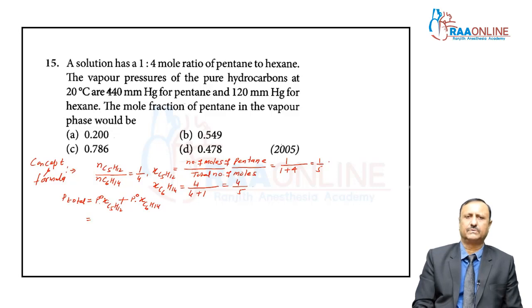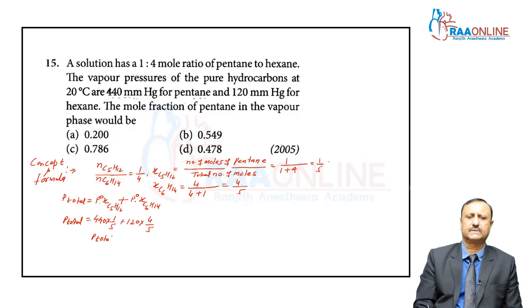Now we can put the values. What is the pure vapor pressure of pentane? You can see in your numerical, 440 millimeter mercury for pentane. So you can put the value 440, and the mole fraction of pentane 1/5. The pure vapor pressure of hexane is 120. You can put 120 multiplied by the mole fraction of hexane 4/5, and you can calculate the P total.